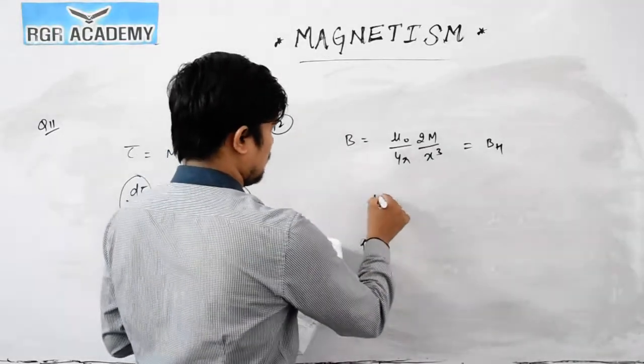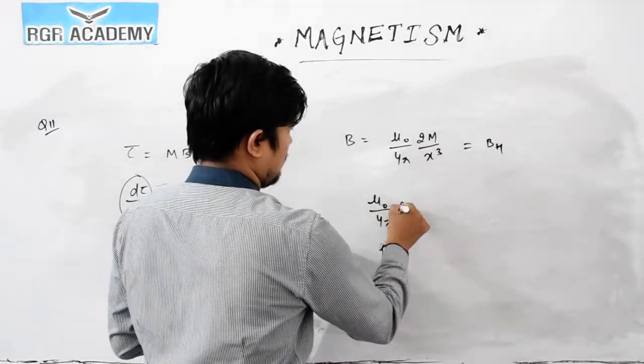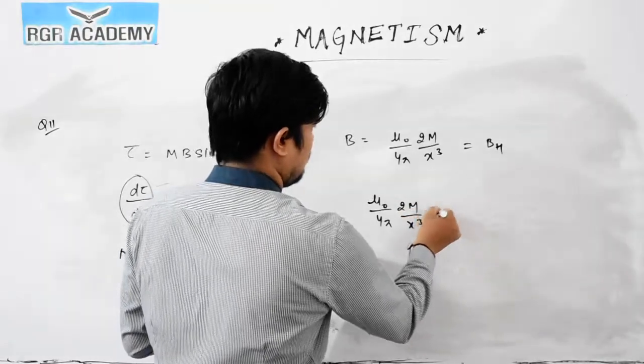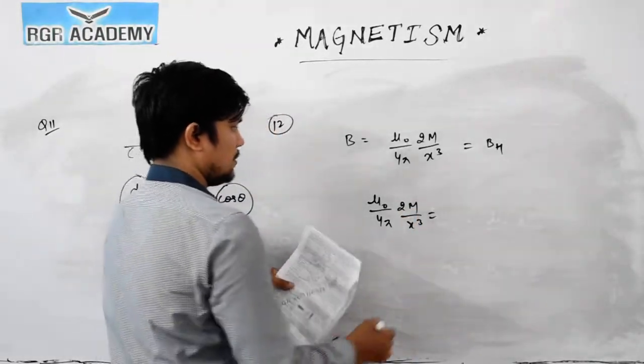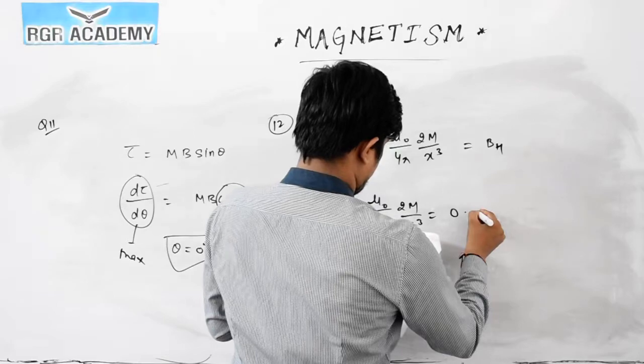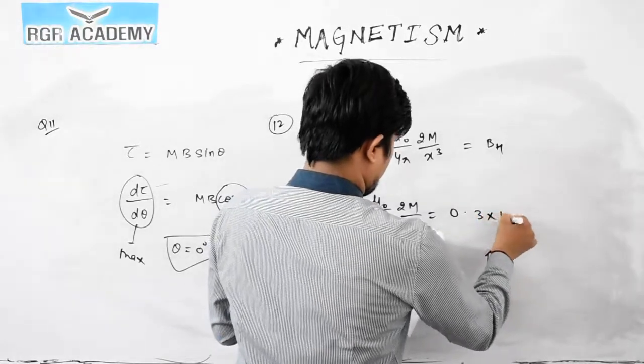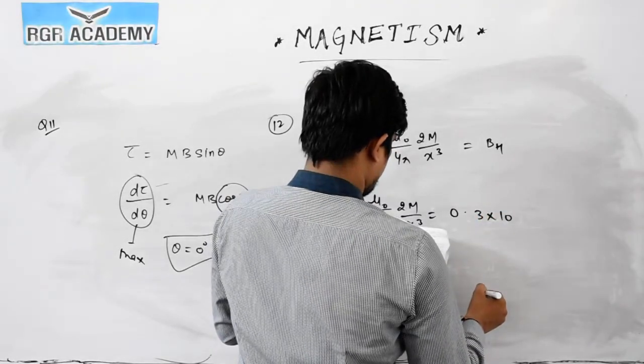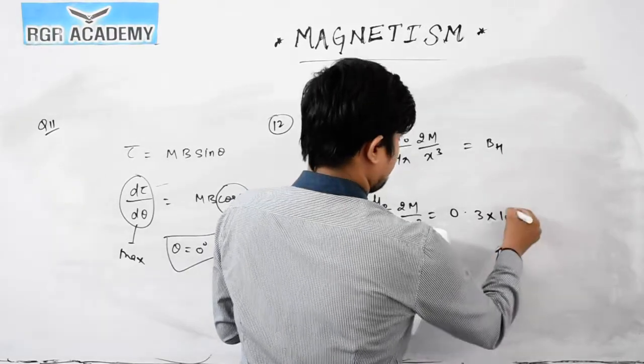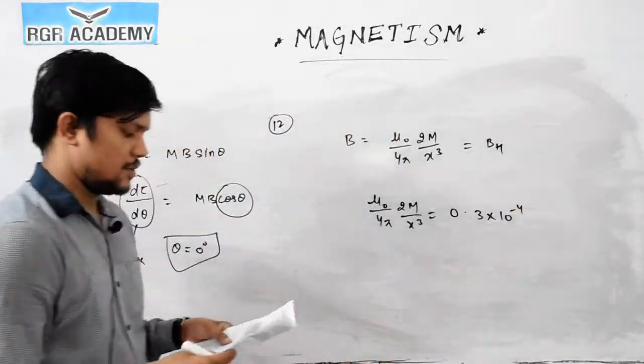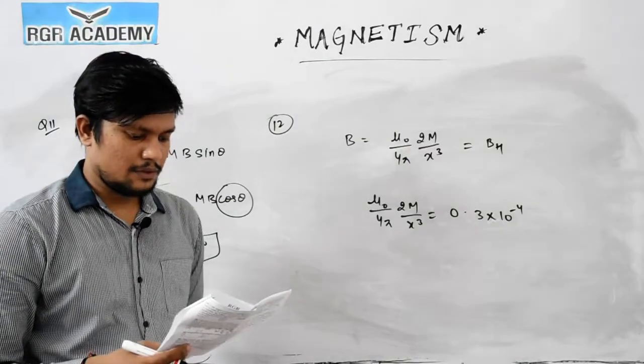What is the horizontal component? 0.3 into 10 to the power minus 4, because 1 Gauss equals 10 to the power minus 4 Tesla.